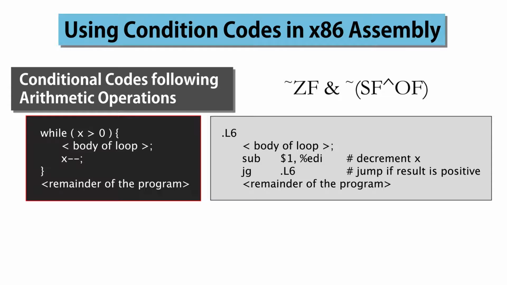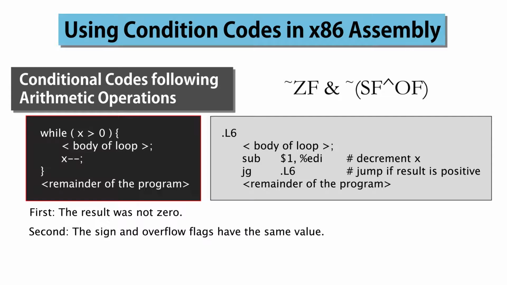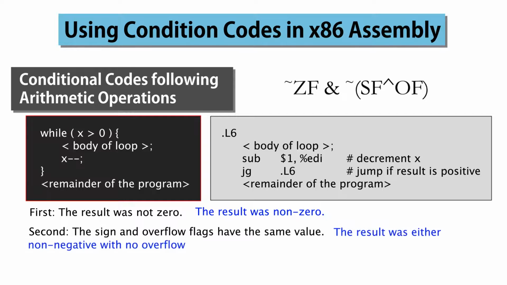This condition is true whenever 2 things are true. First, the result was not 0, and second, the sign and overflow flags have the same value. Let's think about why this says that the subtraction resulted in a positive number. First, the result was non-zero. That's pretty clear. But second, the result either was non-negative with no overflow or negative with overflow.